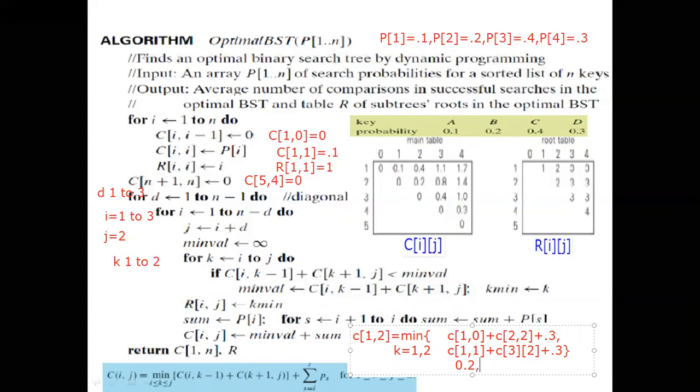Do not confuse, while calculating it is not 0.2. I know. I will explain that one. Comma, 0.1. Minimum I will write here. Minimum of, right?